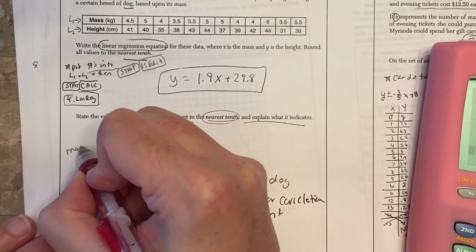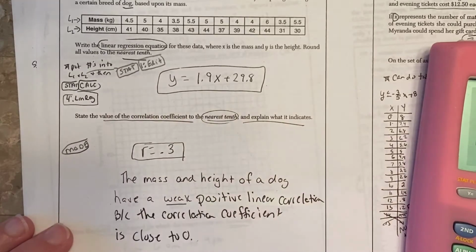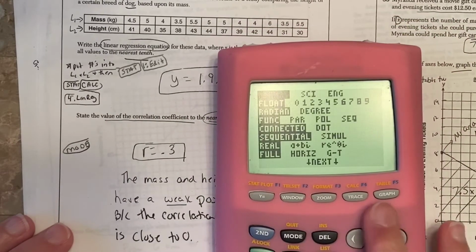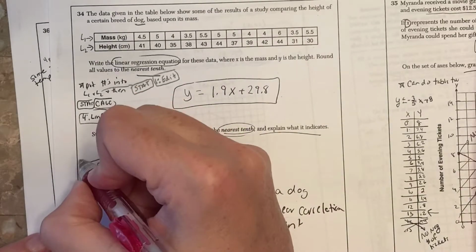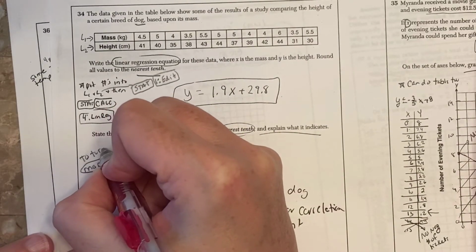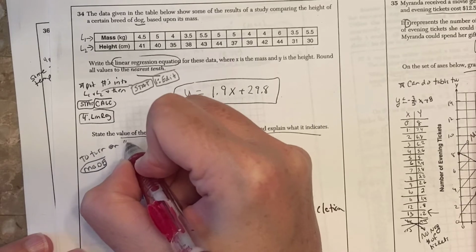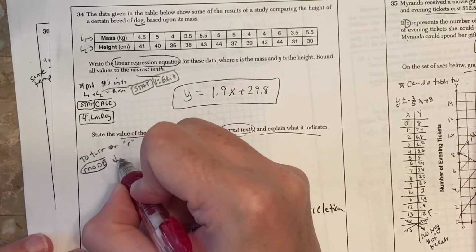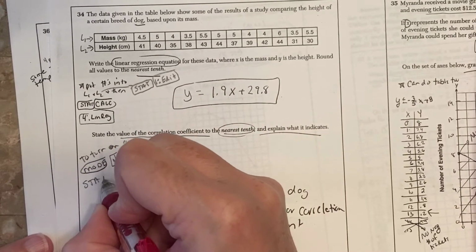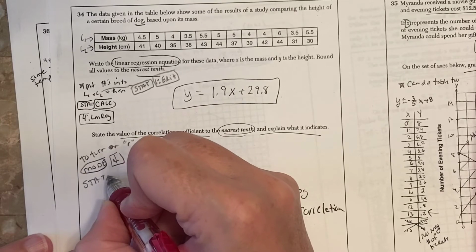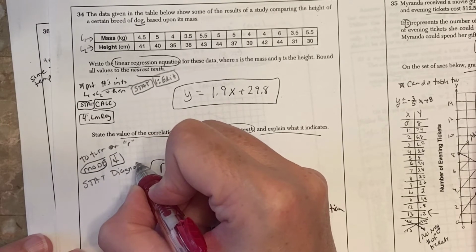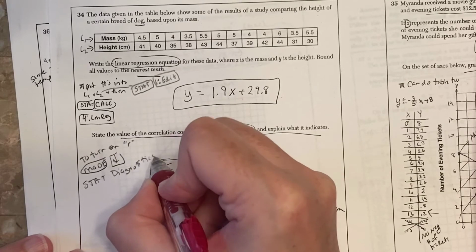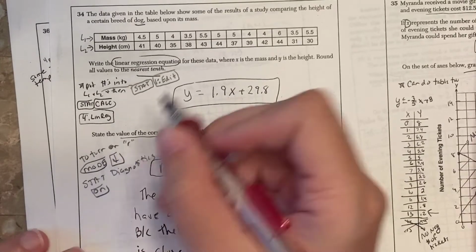You press mode, and then go down until you see stat diagnostics. To turn on R, press mode, go down to stat diagnostics, and press on.